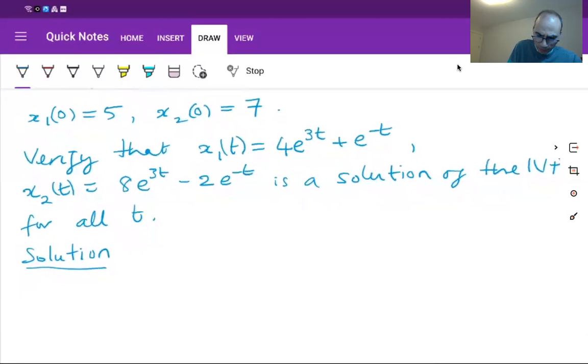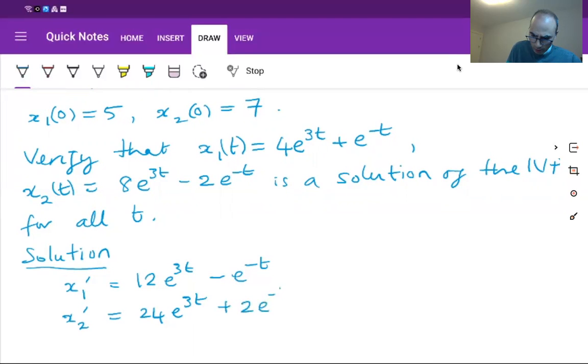So we have x1 prime is equal to 12e^(3t) minus e^(-t), and x2 prime is equal to 24e^(3t) plus 2e^(-t). Because that's x1 prime and x2 prime.